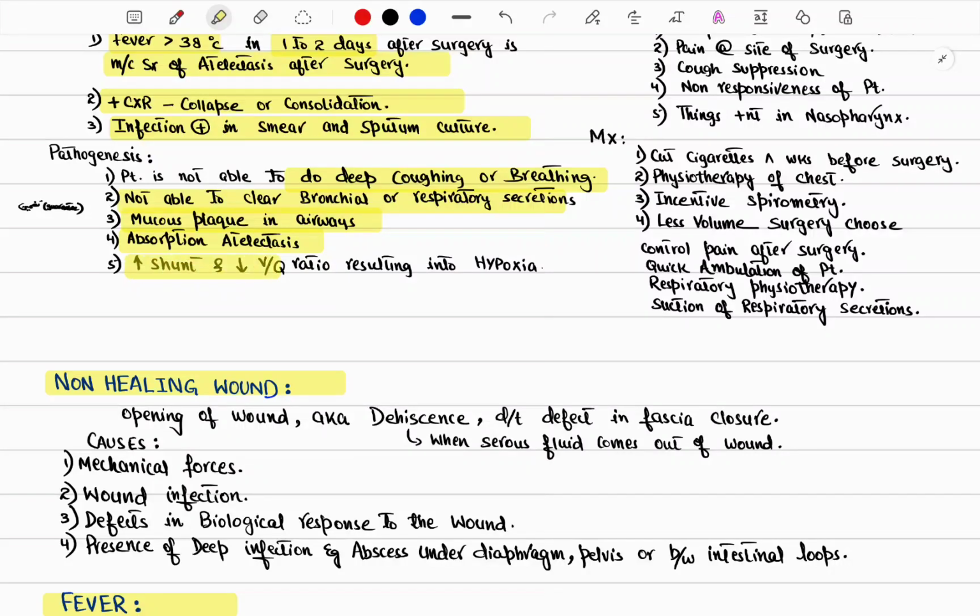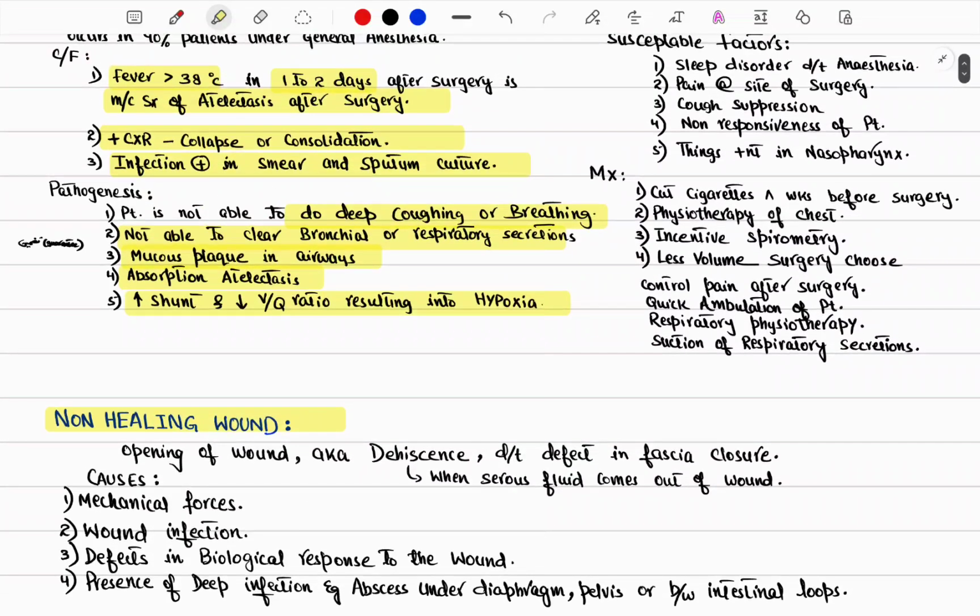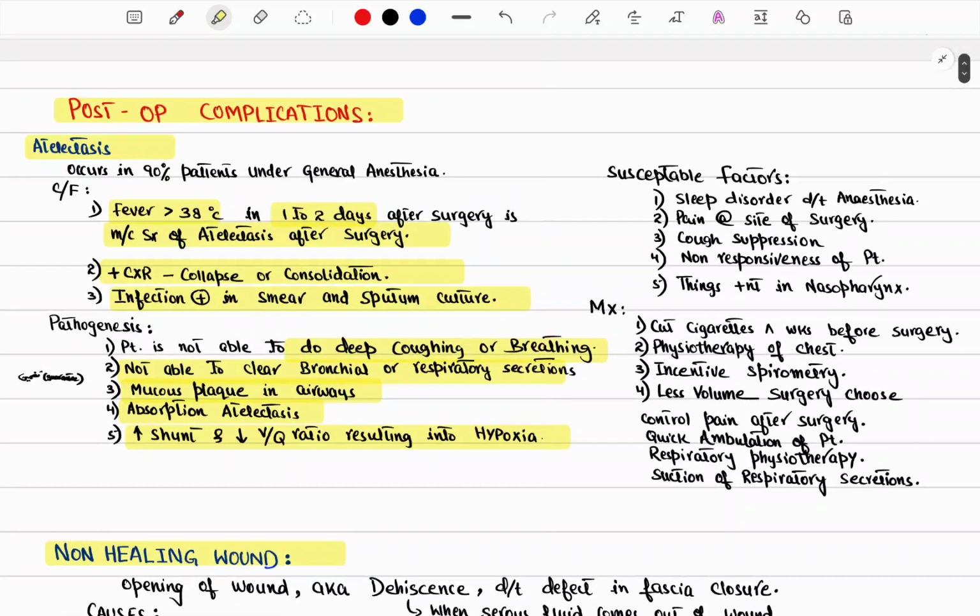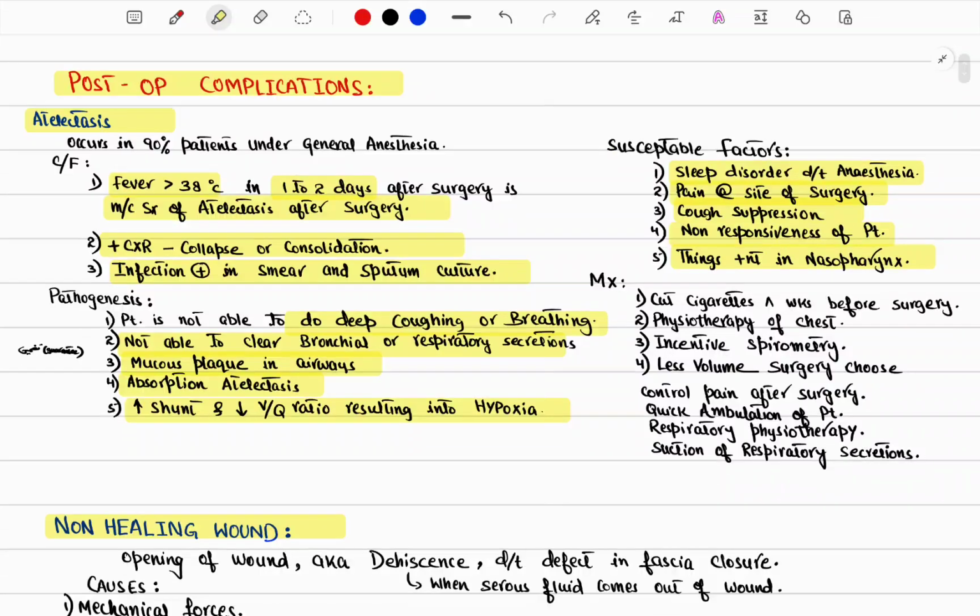An increase in shunt and decrease in V/Q, the ventilation and perfusion ratio, results in hypoxia. Susceptible factors are sleep disorders due to anesthesia, pain at the site of surgery, cough suppression, non-responsiveness of the patient, and any excretions present in the nasopharynx.